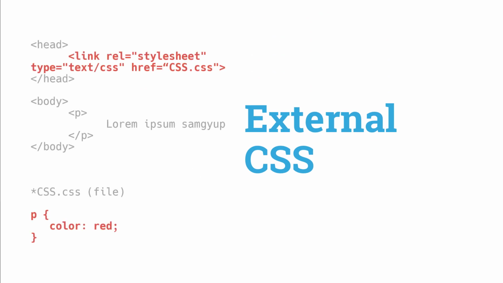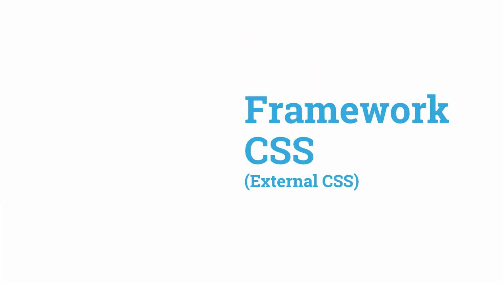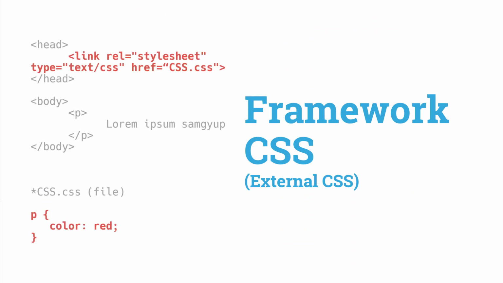And lastly, we have the external CSS, wherein we have a link tag, and then naka-hyperlink reference doon yung ating CSS file na ginagamit natin para mag-take effect sa maraming HTML file, though iisa lang yung ating CSS file. And we have also framework CSS, wherein basically external CSS lang din siya.